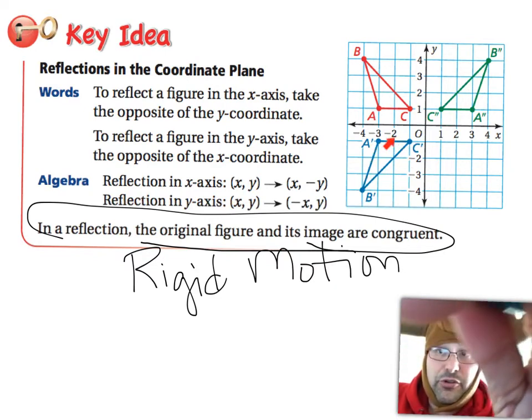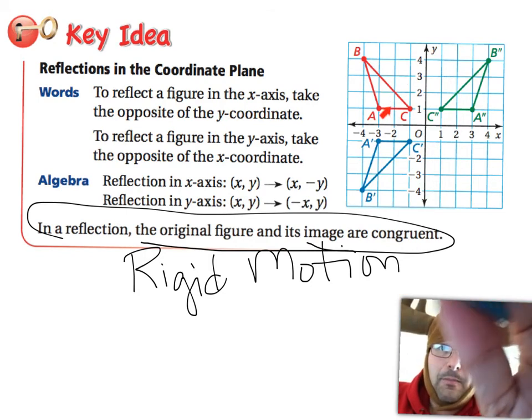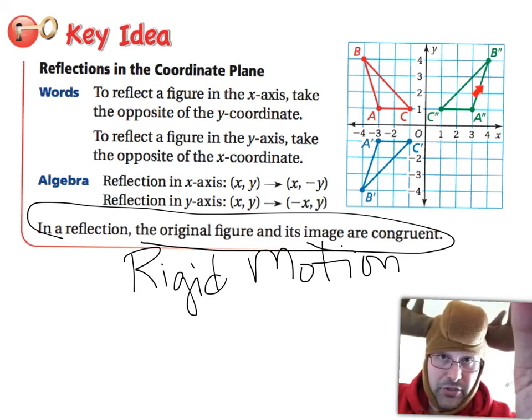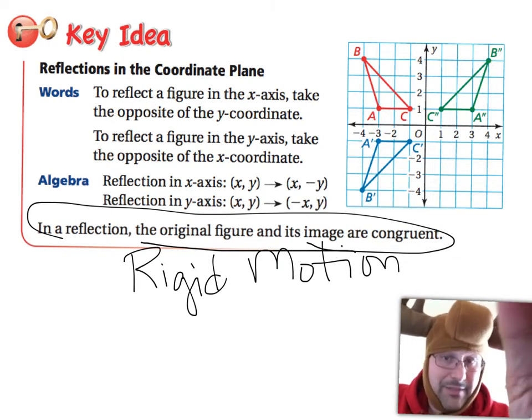It becomes the blue triangle because the y value is changed. If I reflect over the line of symmetry or the line of reflection, which is the y-axis, the x value changes. It goes to the green shape. This is what we call a double prime. Triangle A double prime, B double prime, C double prime.